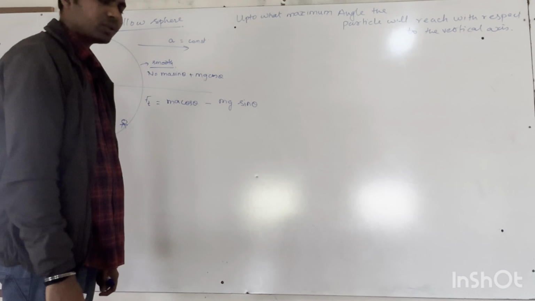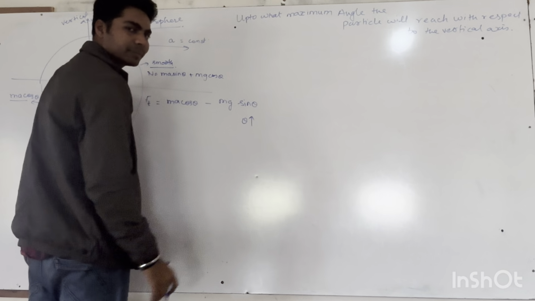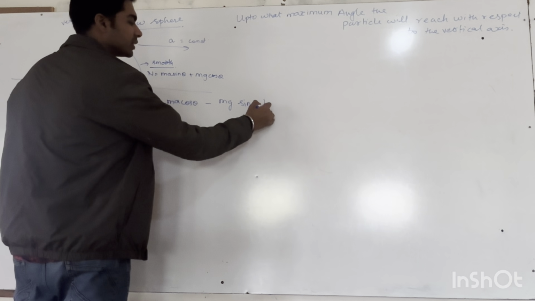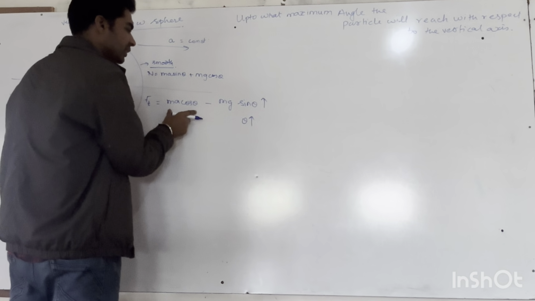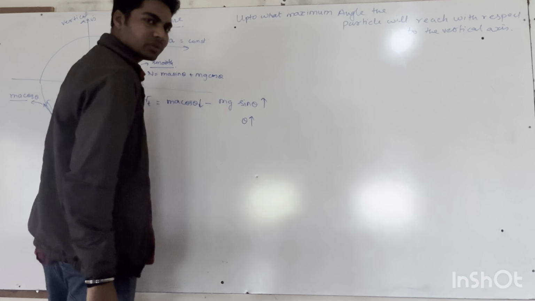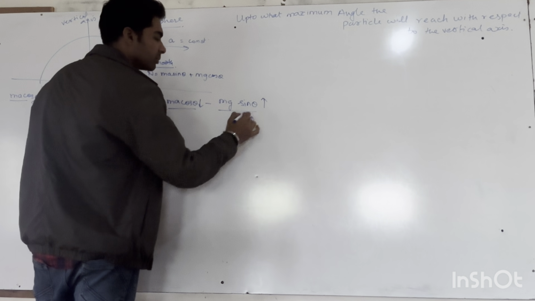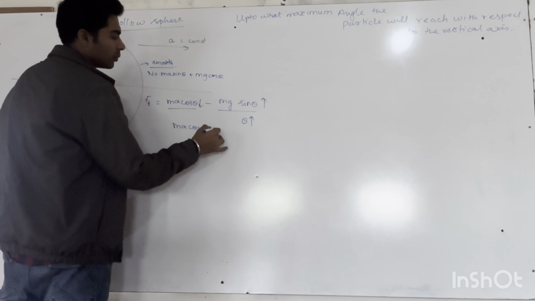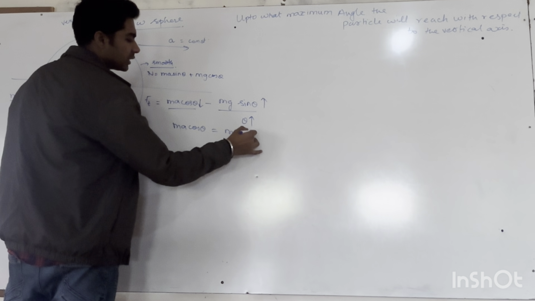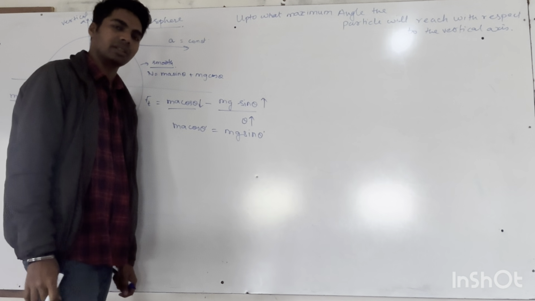If I try to visualize, as theta goes up, this mg sin theta will go up from 0 and this ma cos theta will come down. So there will be a moment when this ma cos theta and mg sin theta become equal. ma cos theta will be equal to mg sin theta. That theta is a particular special theta.